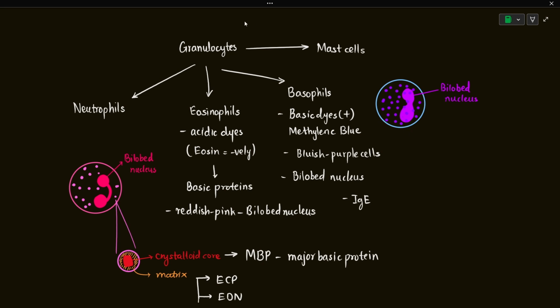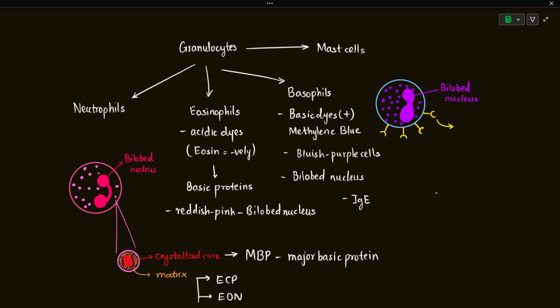The surface of basophils has proteins which act as receptors for the IgE antibody. Those receptors present on the basophils are the surface markers.